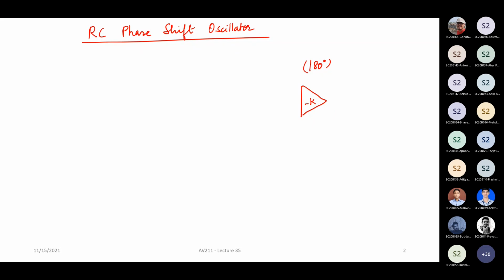Now, all that remains to be done is to provide another 180-degree phase shift around this particular amplifier, right? So you have this amplifier, you have the input and the output. So you take the output, you feed it back to a network which looks like this.